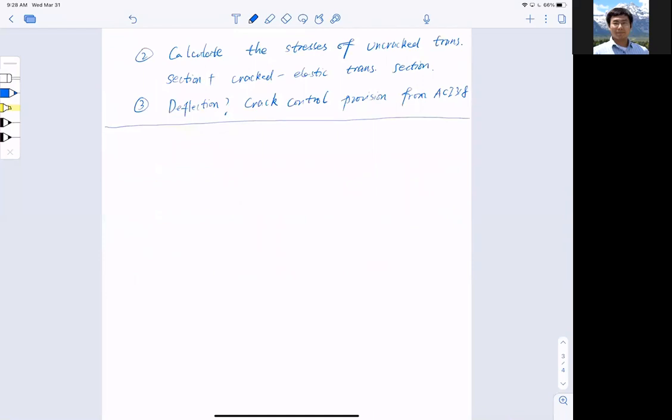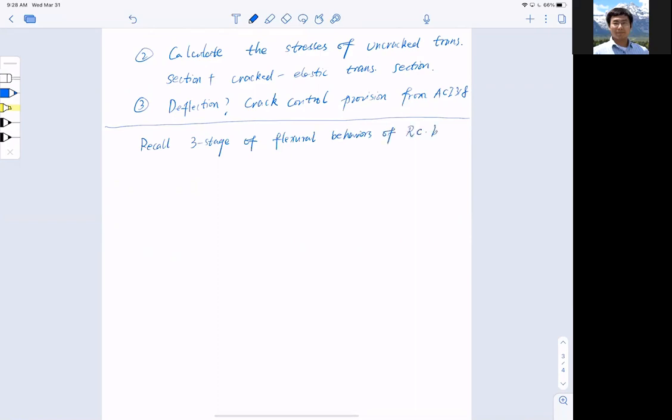Okay, so now to answer all these questions, first let's recall the 3 stages of flexure behavior of reinforced concrete beams.